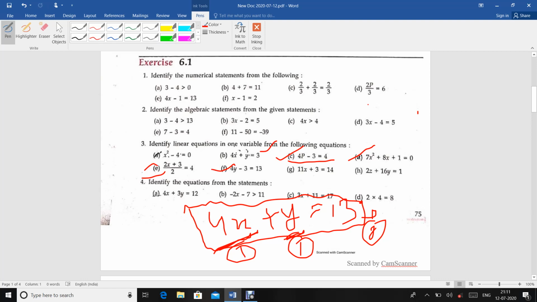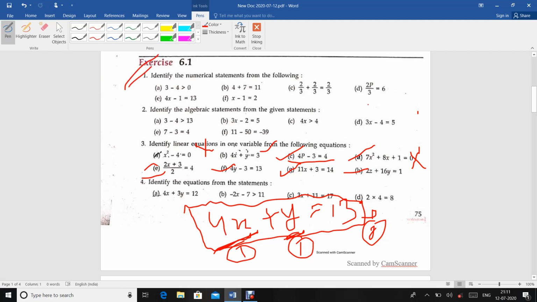F is also a linear equation in one variable. G is also a linear equation in one variable, and H is also a linear equation in one variable. But D and A are not linear equations in one variable. So you have completed exercise 6.1.